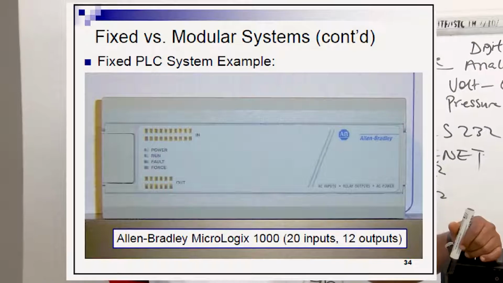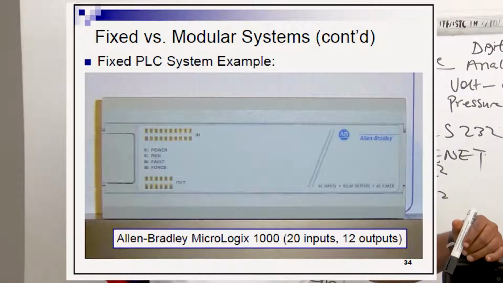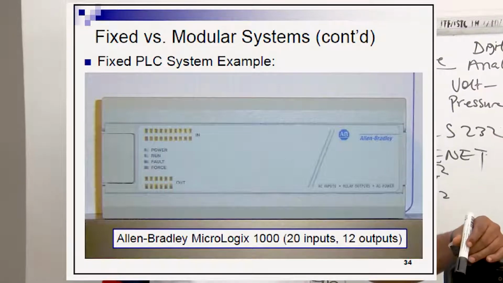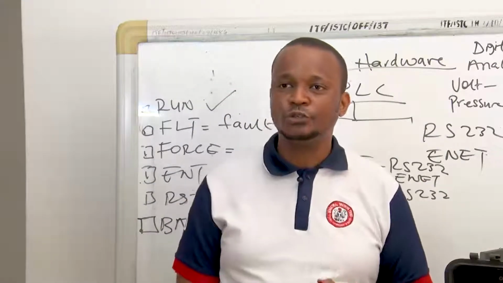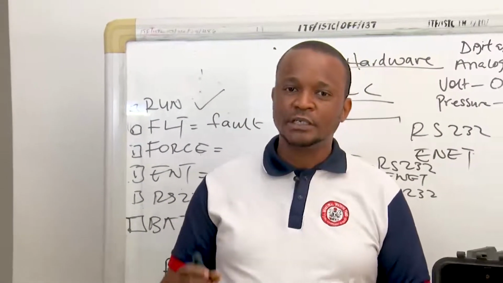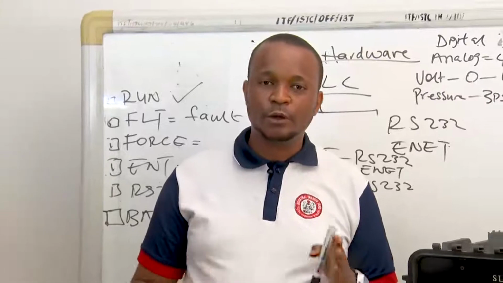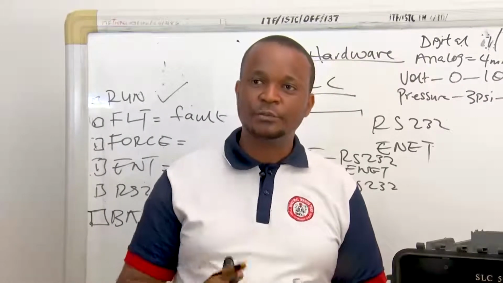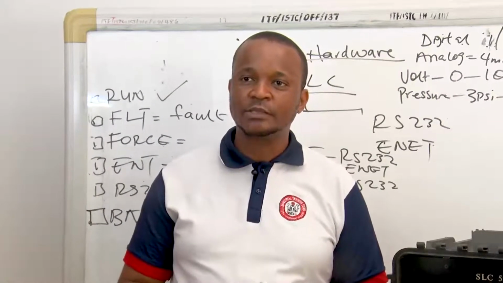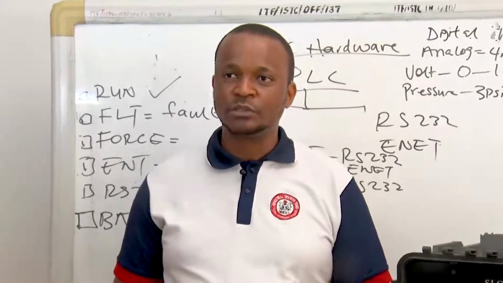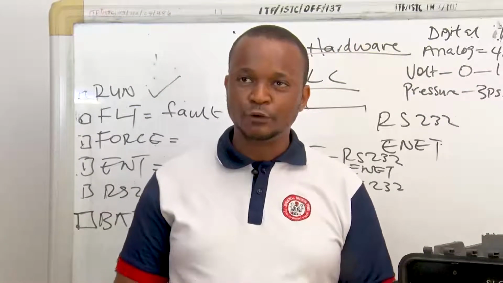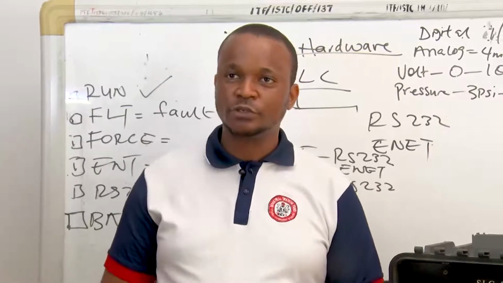This PLC contains 32 IOs. If you remember in the last video you just watched, I said sometimes the input and the output don't balance. So this is one example of a PLC that has 20 inputs and 12 outputs. So that's what is showing on your screen.